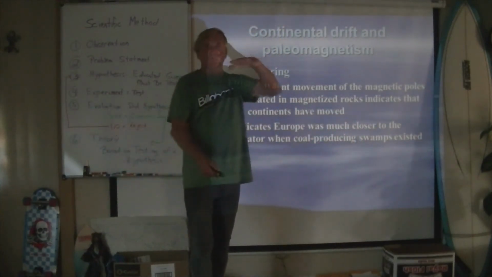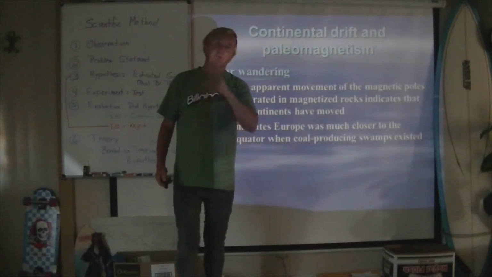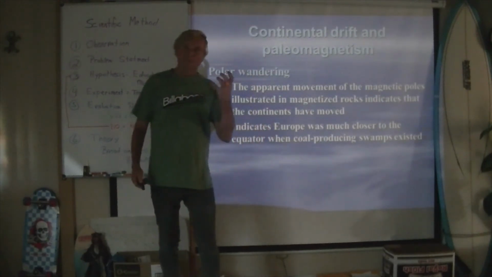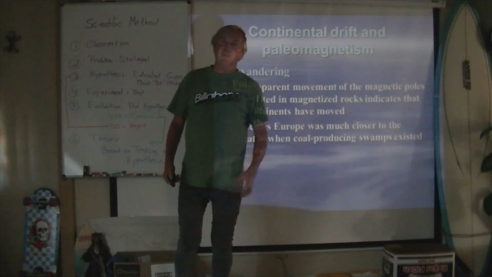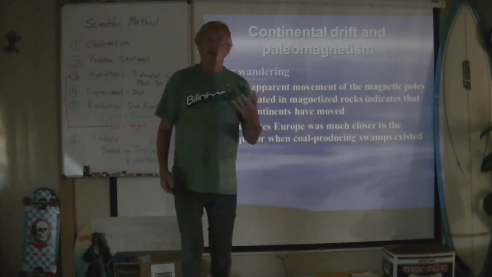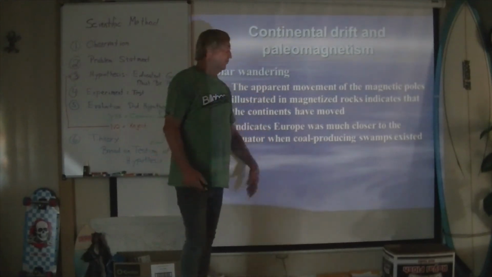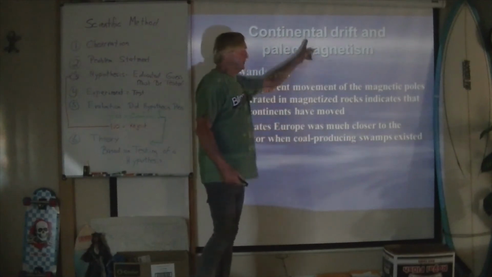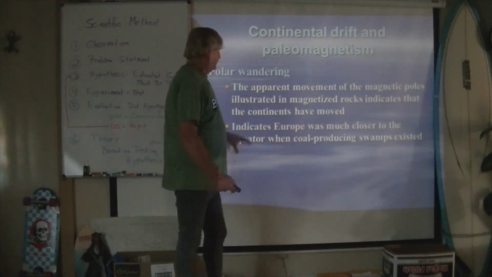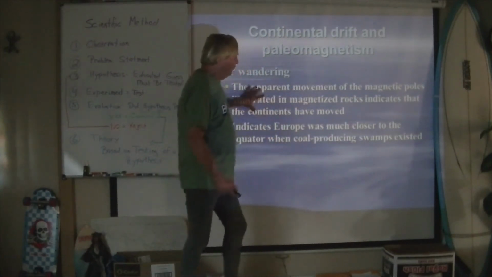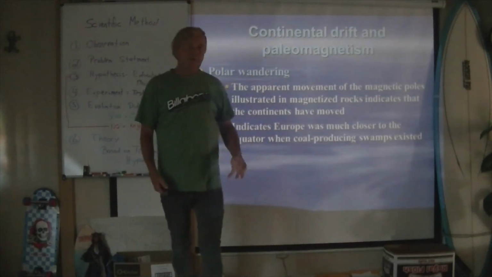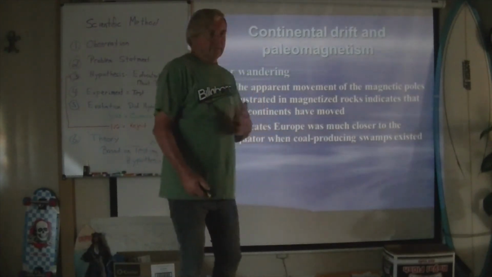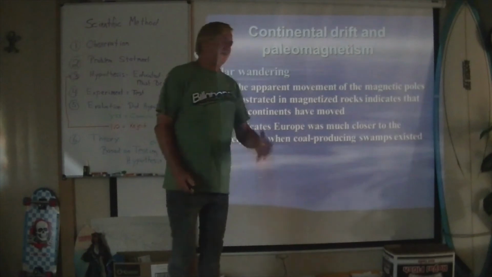They're pretty much staying where they are because of the geophysical parameters of the Earth, because of the mass, because of the spinning. The electromagnetic field is occurring in that direction. So the North Pole and the South Pole are always going to be at the top and the bottom of the Earth. But the North Pole seemed to have moved when you look at magnetized rocks. And this baffled scientists. Well, how can that be?